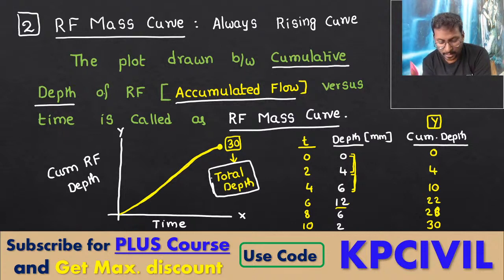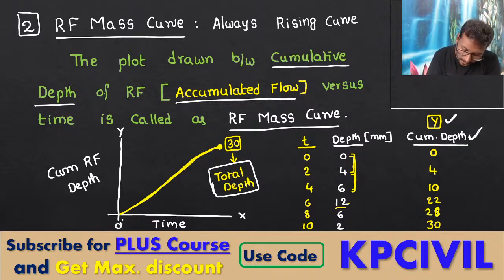No, slope does not represent intensity. Manu, what have you taken as slope? You are taking y values, y ordinates. What is the y ordinate? The y ordinate is cumulative depth. It is not at all representing intensity. You take 0, so this is 0. Here take 4, this is 4.